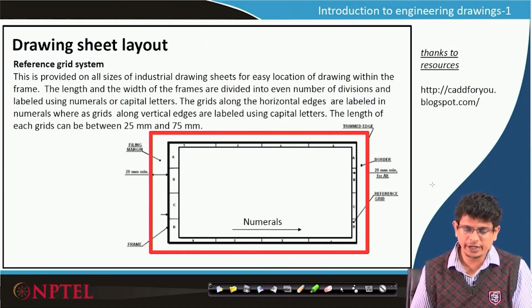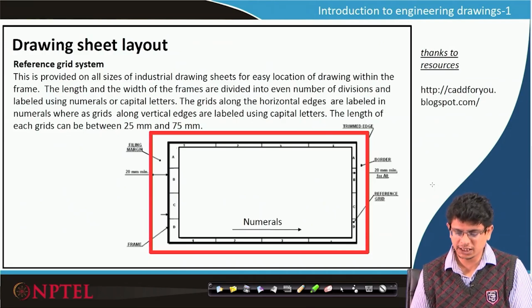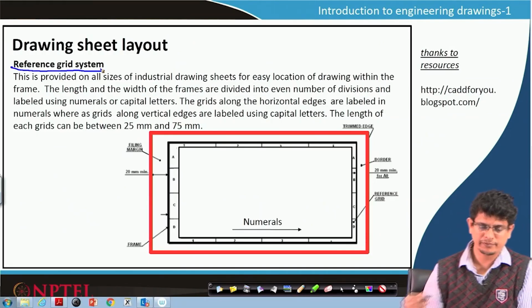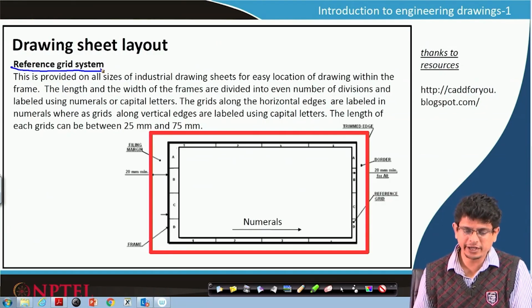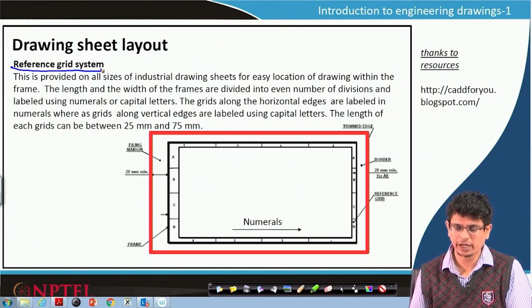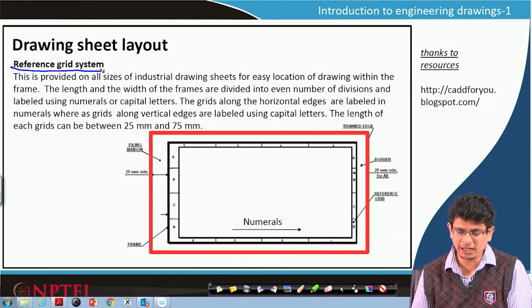The other one for a drawing sheet layout is called reference grid system. This is provided on all sizes of industrial drawing sheets for easy location of drawing within the frame. The length and width of the frames are divided into even number of divisions and labeled using numerals or capital letters.